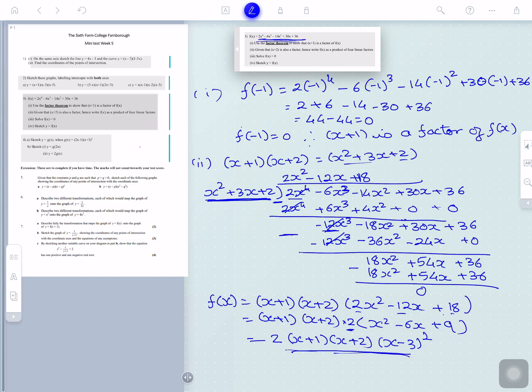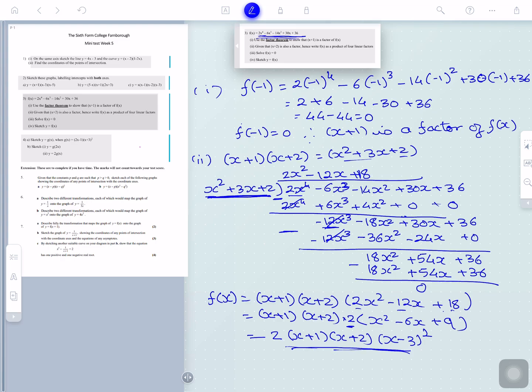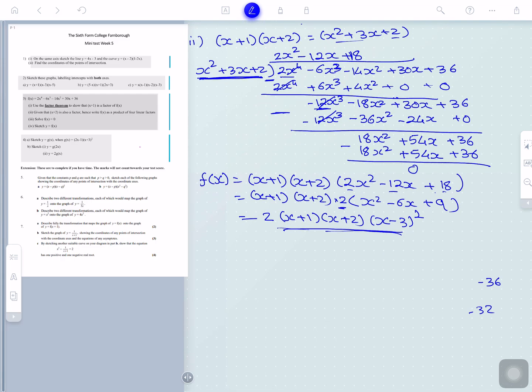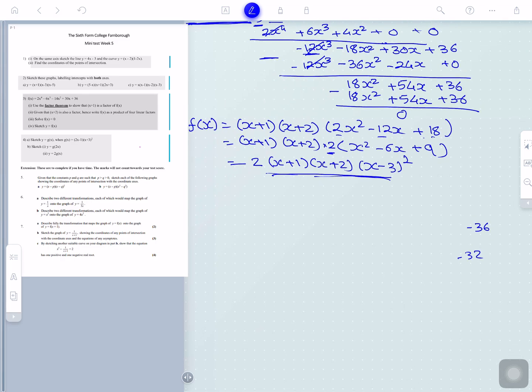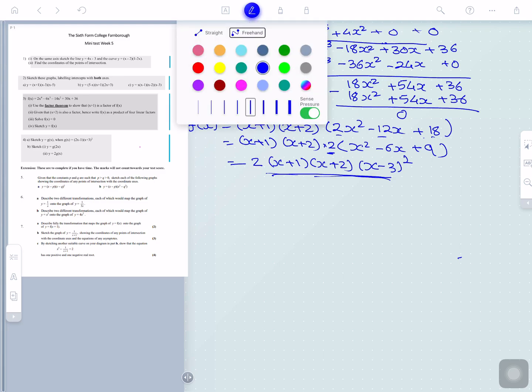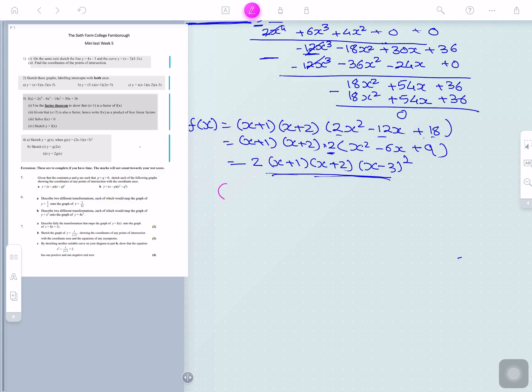Now you can either use long division or you can use the box method. So I'll show you how to do the box method. Before doing the box method, let me just write down what we need. I'll use a different color pen so that you know it's the box method.